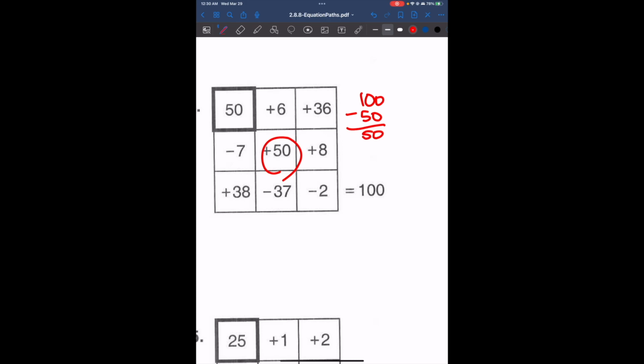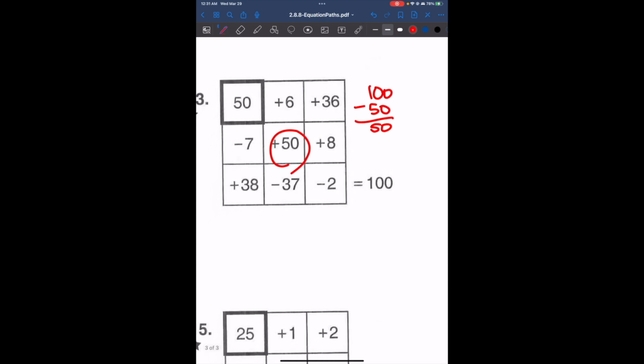Basically, you can't use tricks like canceling out, so you need to try out number combinations for this problem.